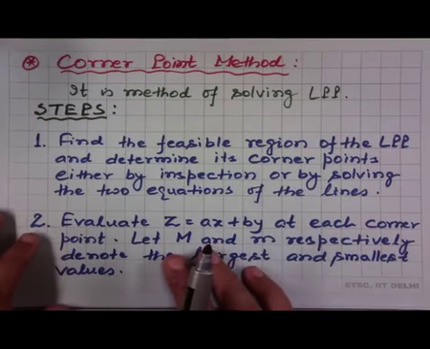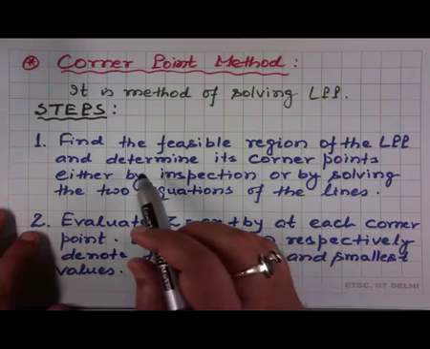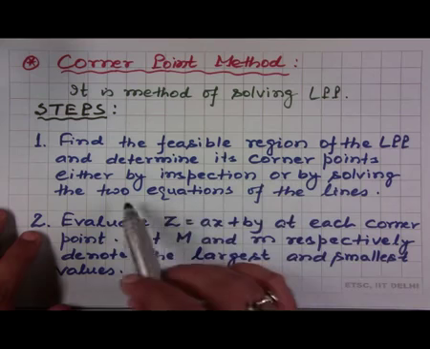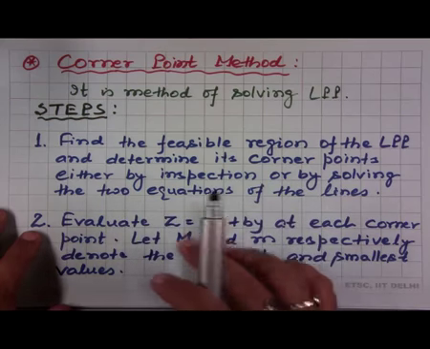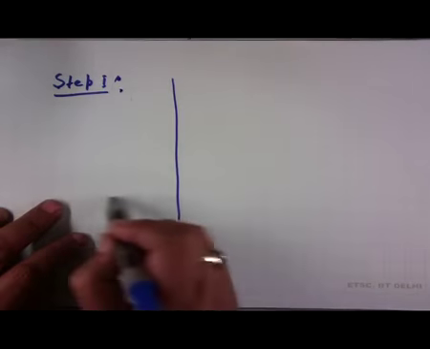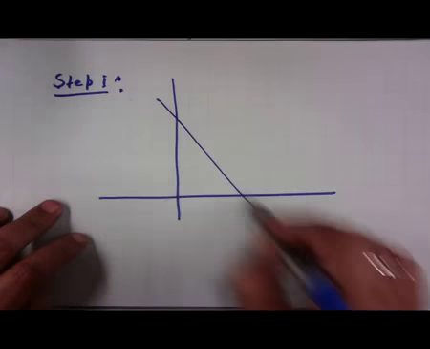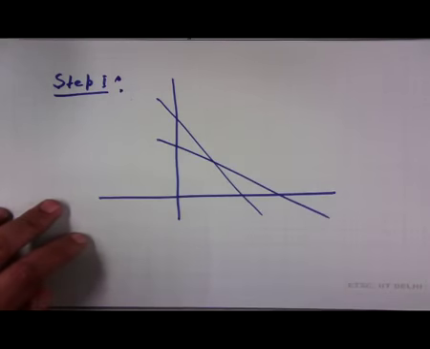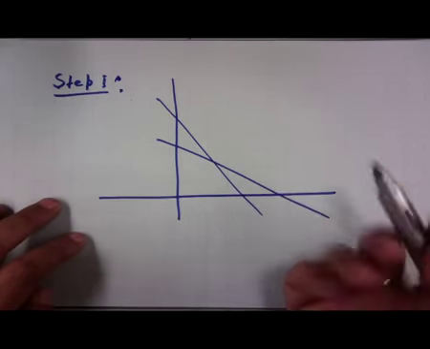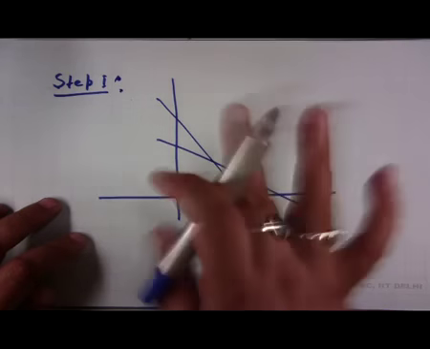Find the feasible region of the LPP and determine its corner points either by inspection or by solving the two equations of the lines. What does it mean? Step 1 says that by plotting the graph of the given inequalities, we have to define the feasible region. The region may be a closed region or an open region.